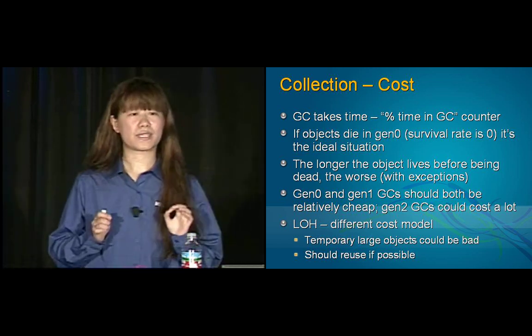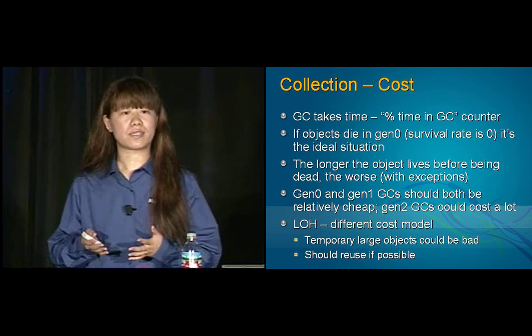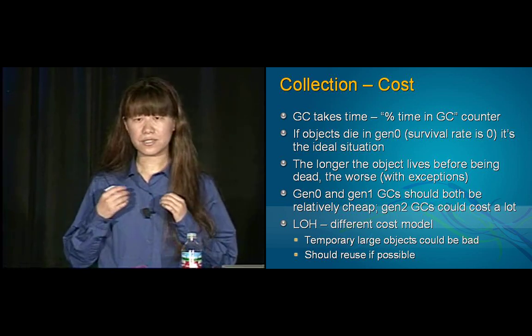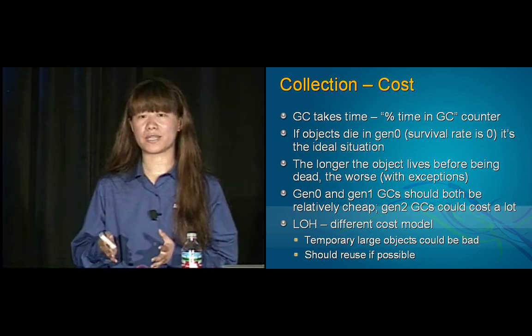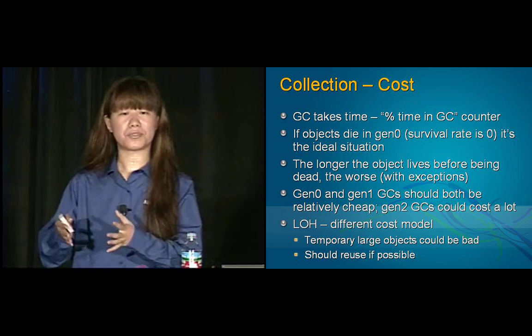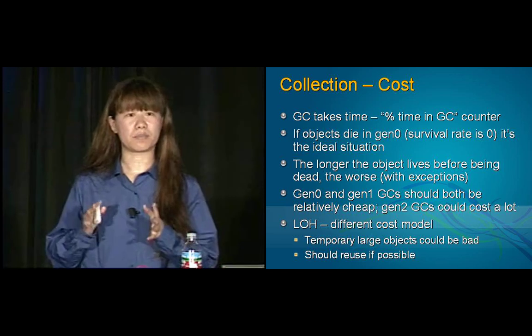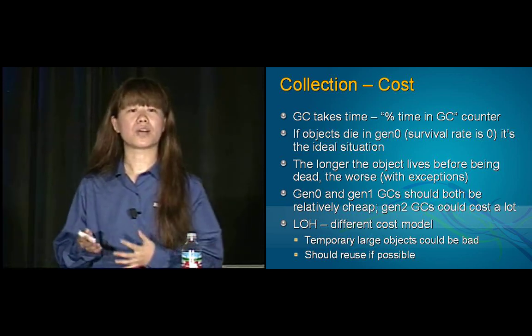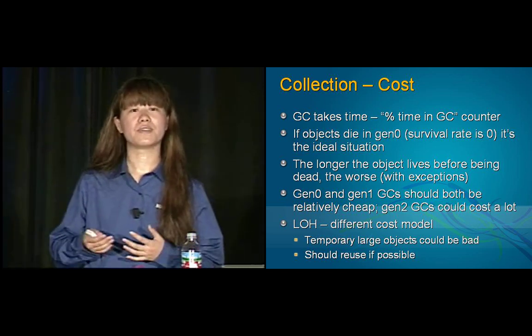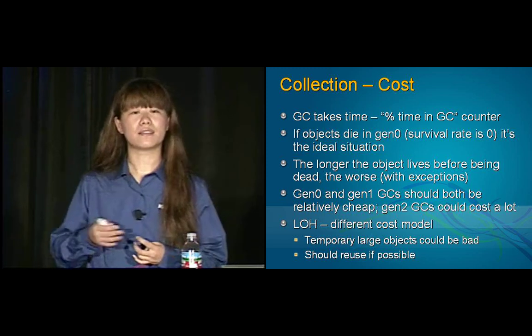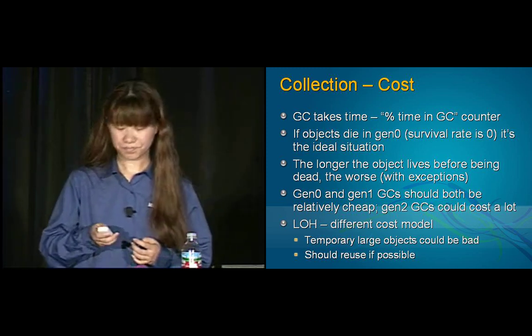So for large objects, we recommend that you reuse them if possible. If you need large objects of 100K, 120K, 150K, it's probably a good idea to allocate a bunch of 150K large objects so you can reuse them instead of continually triggering Gen 2 GCs.